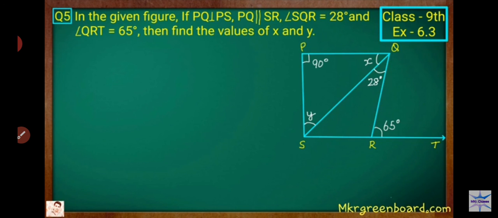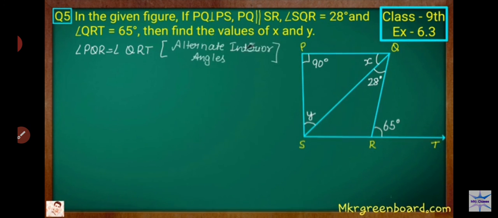Why? Because alternate interior angles are equal. So angle PQR is equal to angle QRT. And what is angle Q? Angle Q is X plus 28.